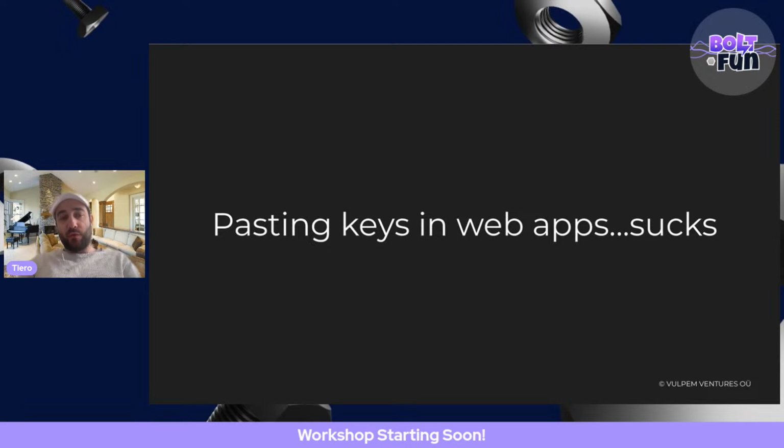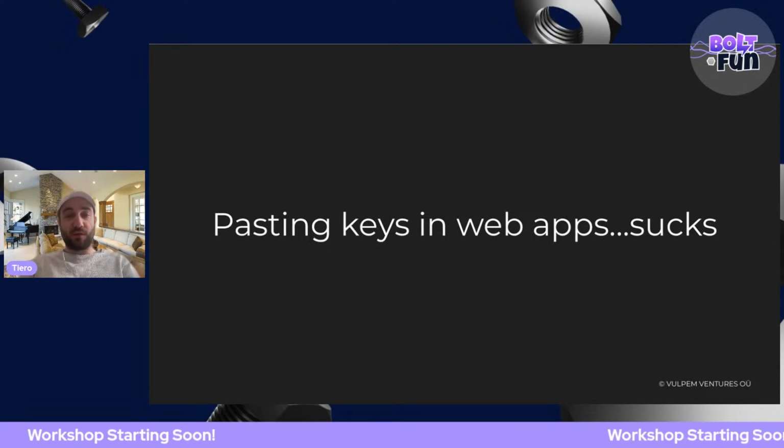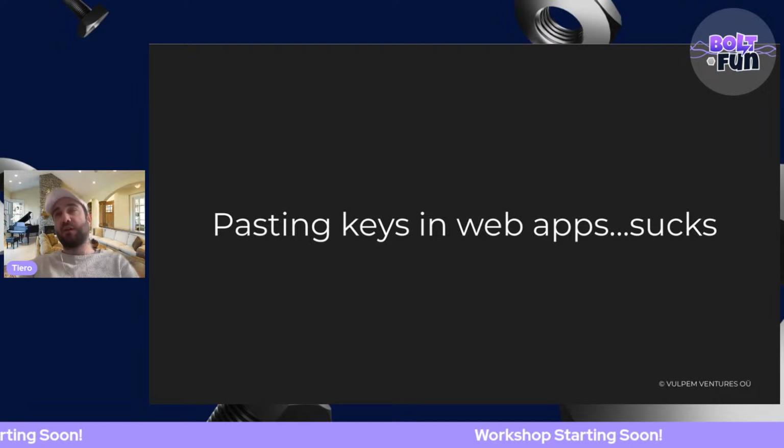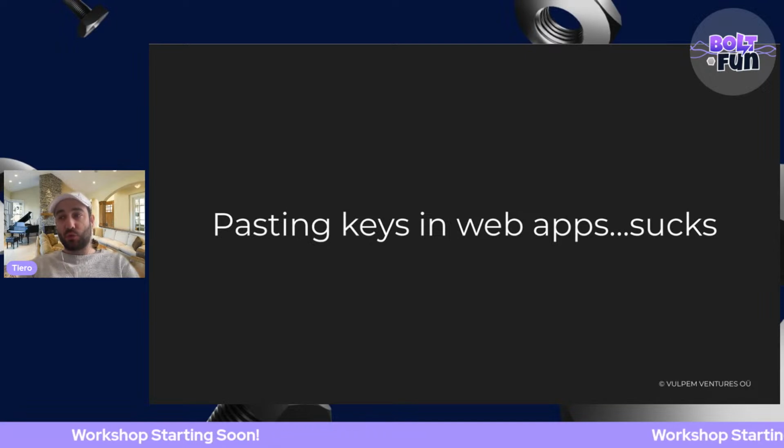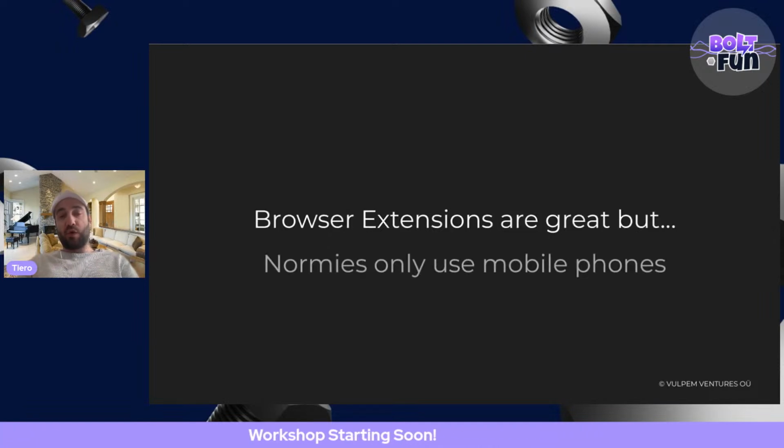So, as I was mentioning briefly before, I really think that pasting your private keys into web apps is not the best way, and it's not the way we should go forward with the Nostr ecosystem. There are other options already which are great, for example a browser extension like Alby.